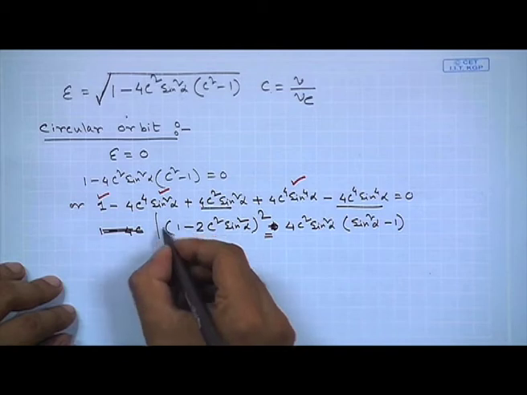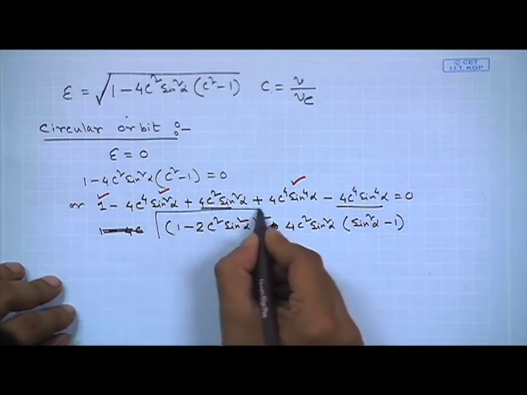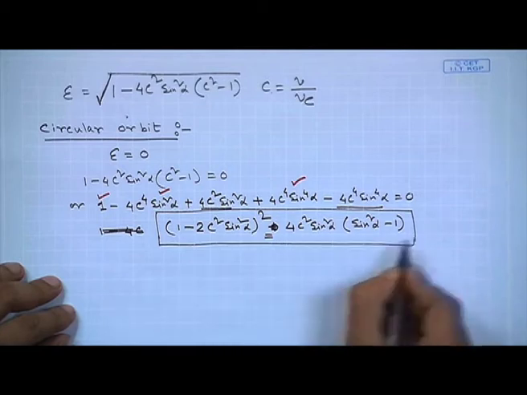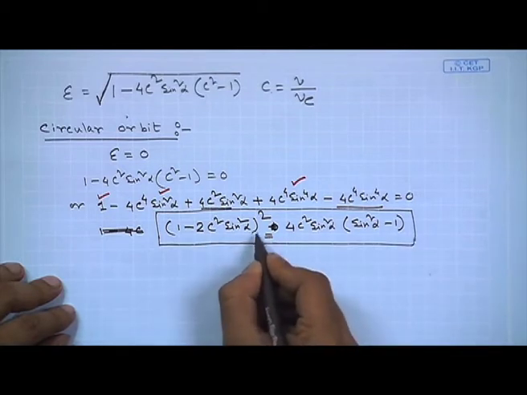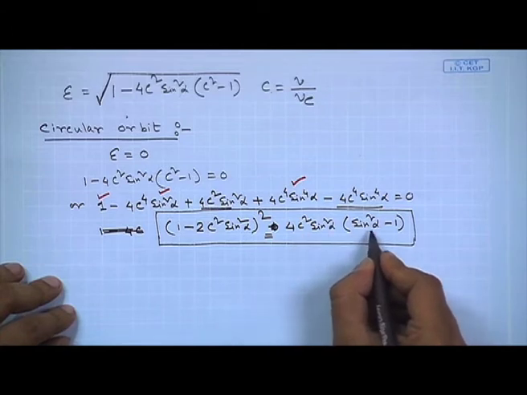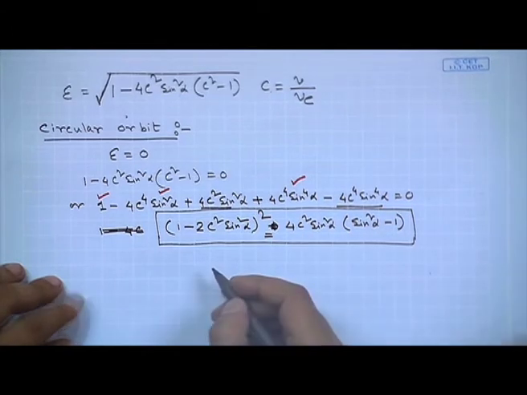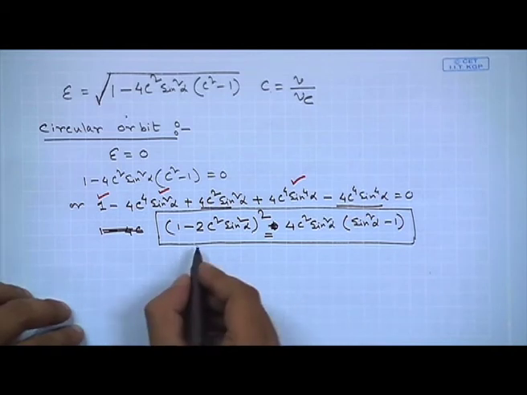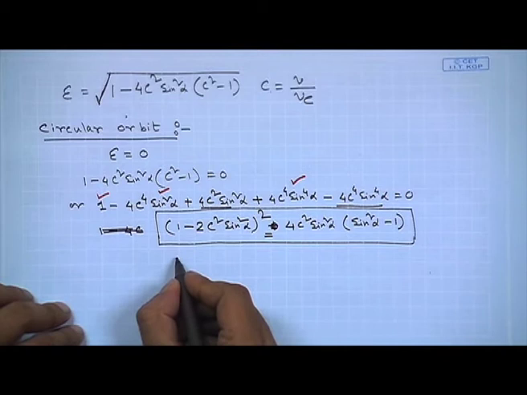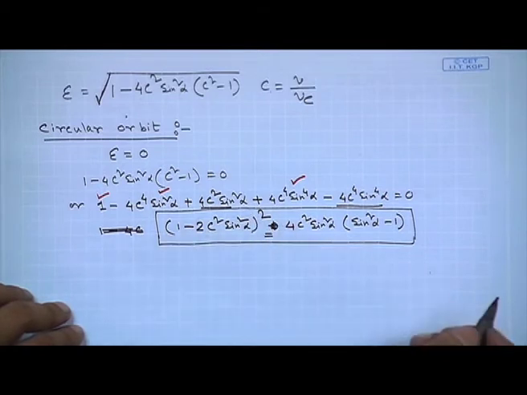So now focus on this expression. On one side we have 1 minus 2 c square sin square alpha whole square, and on the other side we have 4 c square sin square alpha into sin square alpha minus 1. Now the left hand side is positive definite because it is a square of some term.